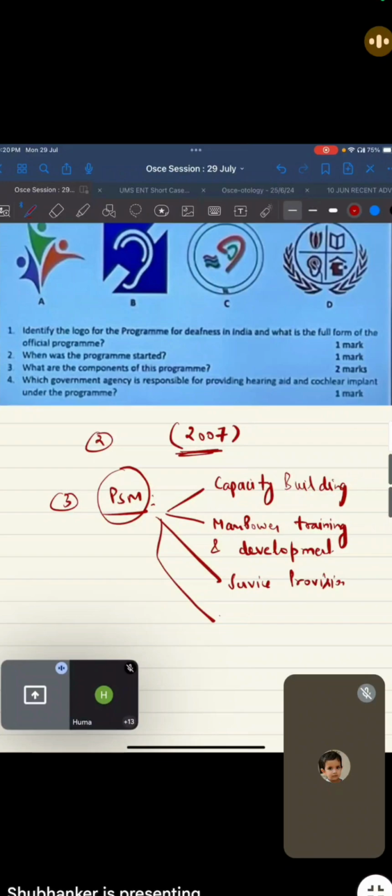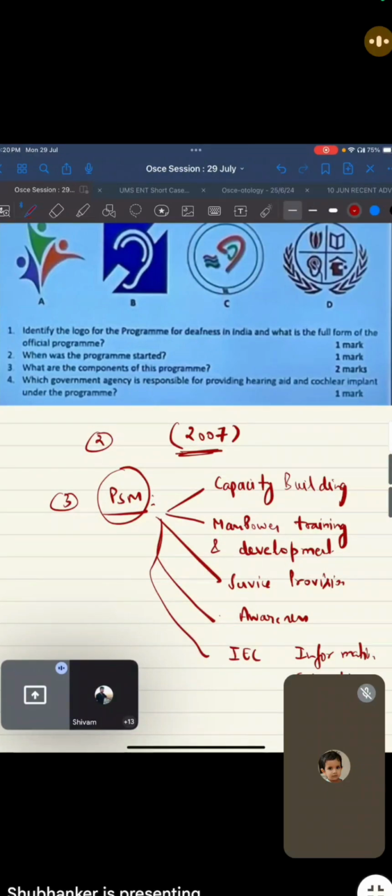Then fourth will be your awareness, that you generate the awareness. And fifth will be your IEC. What is IEC? Information, education and communication. The first word is slightly modified: information, education and counselling or communication.